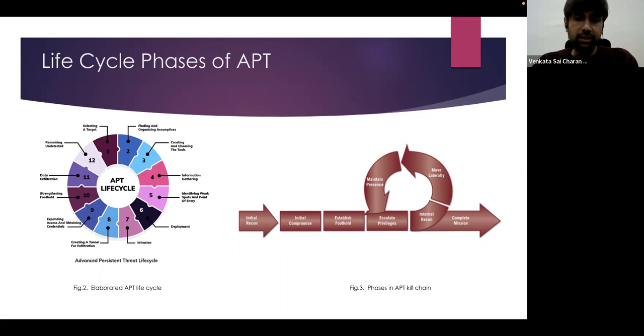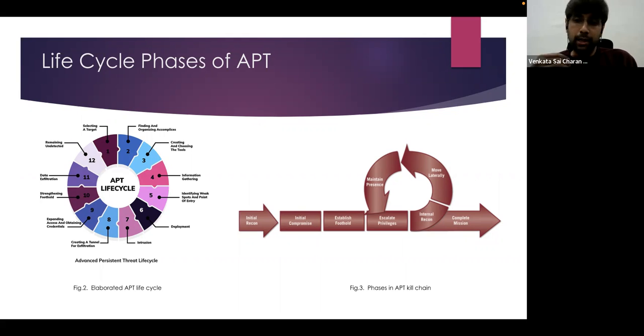Broadly speaking, these are the 7 life cycle phases of APT. They do the initial compromise. From there they try to establish a foothold by replicating themselves into several other machines by exploiting some zero-days or widely known CVEs, and then they do a series of privilege escalations in that particular network to get into a strong position in that corporate organization or network.